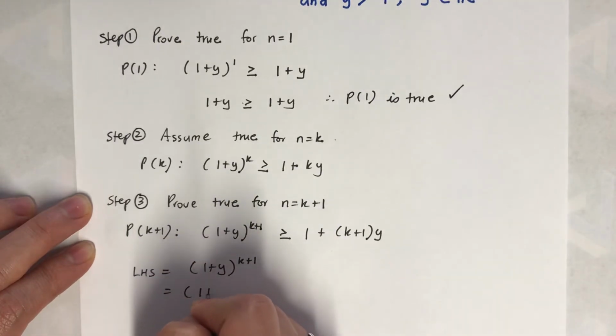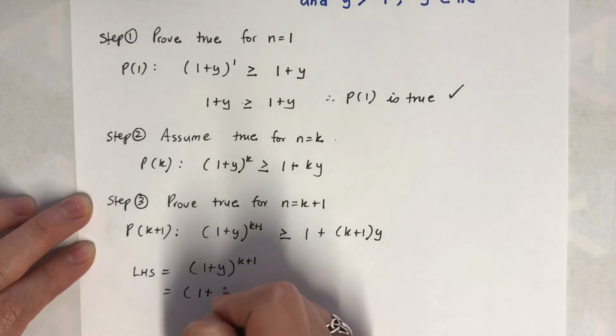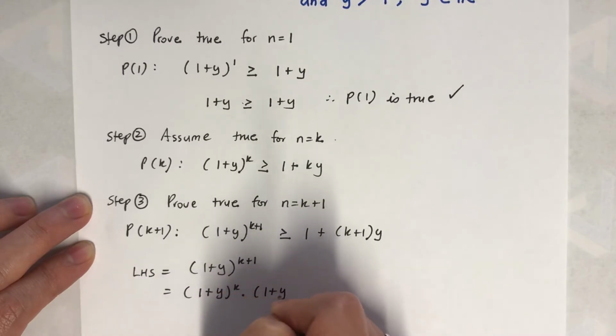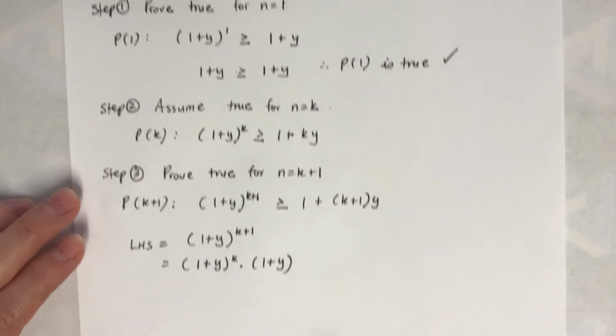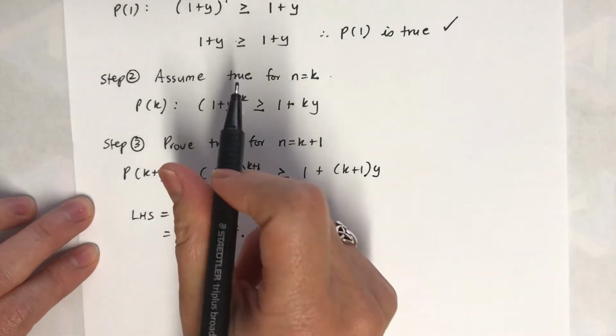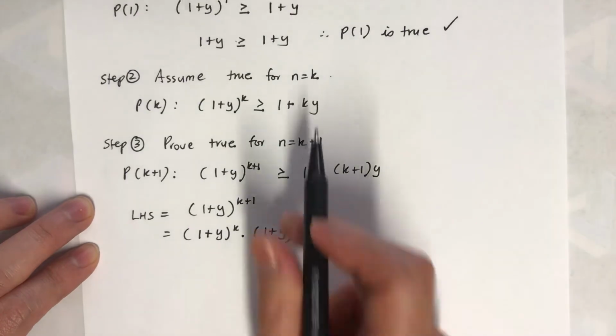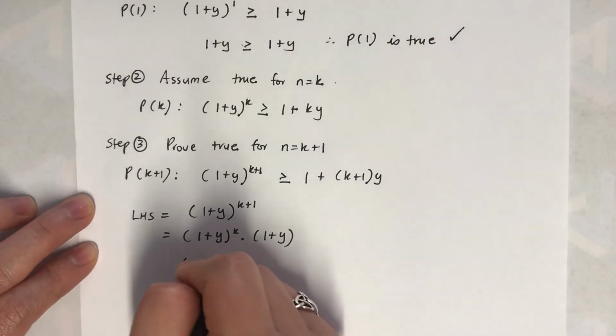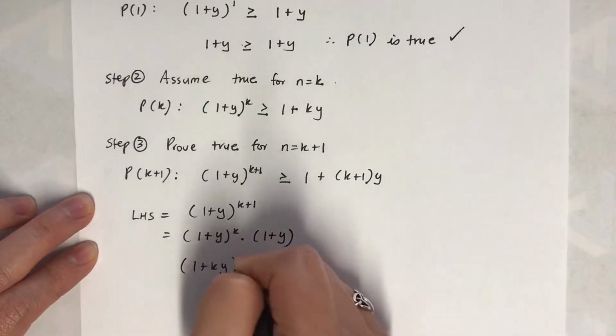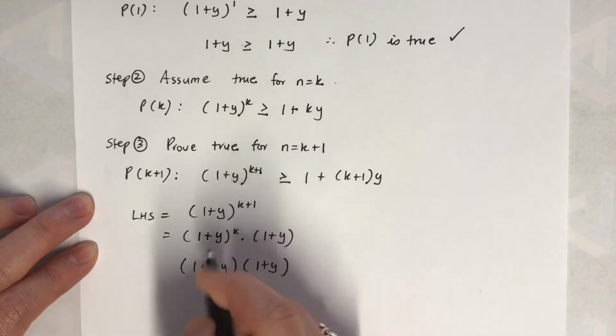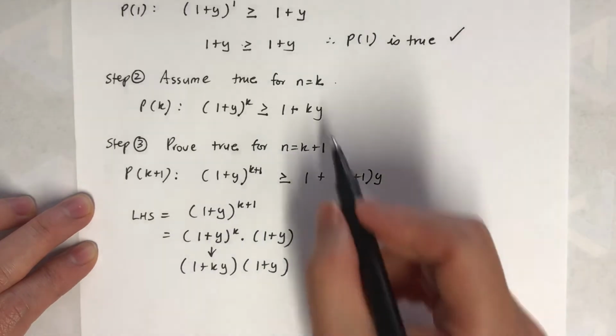So (1 + y)^k. Now from step 2 here I can use that one to this one, so I'm going to go 1 plus ky, because I'll replace that one with this one from step 2.